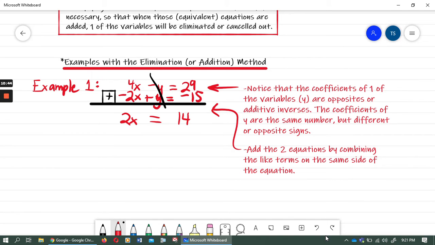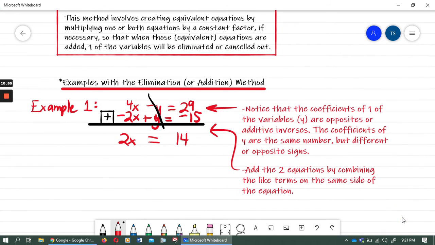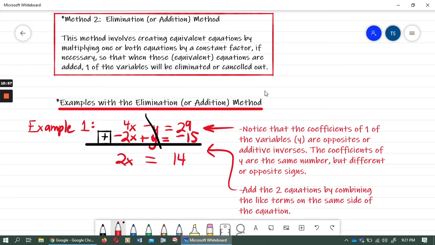After we have successfully added the two equations together, one of the variables has been eliminated, and you should only see one variable in this new equation that we have created. We only want to add the equations if it's going to eliminate one of the variables.